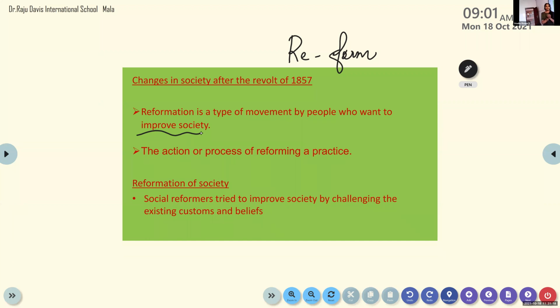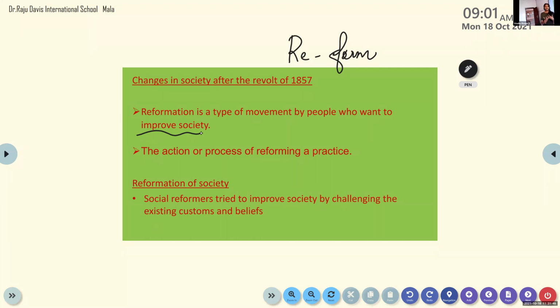Many of our leaders wanted to improve the society. That means they wanted to change society, because Indian people during that time were not literate at all. What do you mean by literate? They were not educated, and they were fighting or quarreling with each other, and there was no unity.